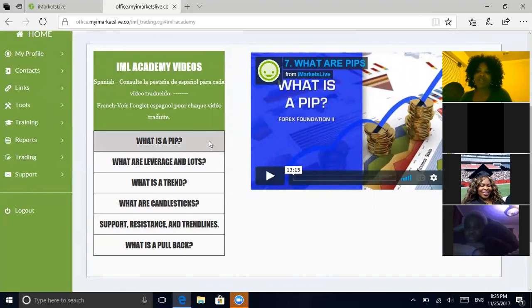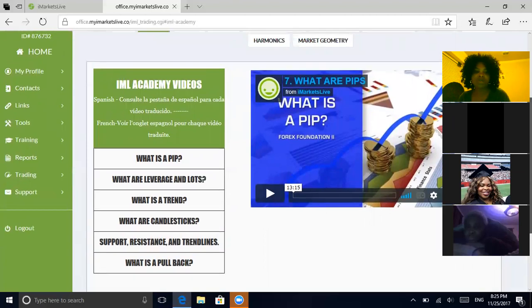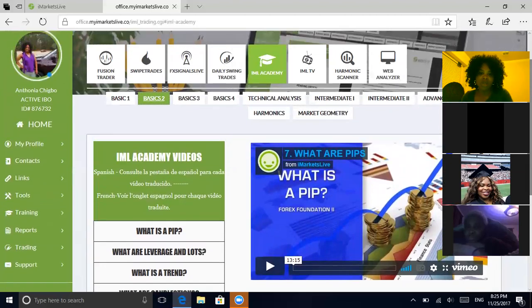But at least, if you're so busy, just give it 30 minutes a day or an hour. When I started, sometimes an hour, sometimes 2 hours. Just make sure that you go through right here. Let me annotate it. Make sure that you go through basic 1, basic 2, basic 3, right here.